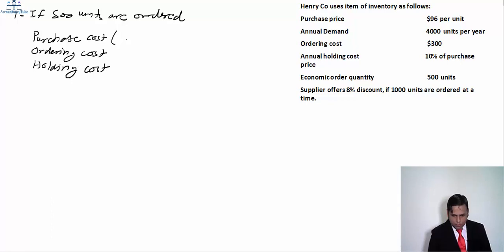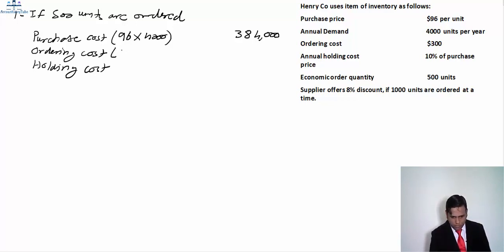Now purchase cost is 96 per unit and annual demand is 4000 units, so our purchase cost becomes 384,000. Then we are computing ordering cost.